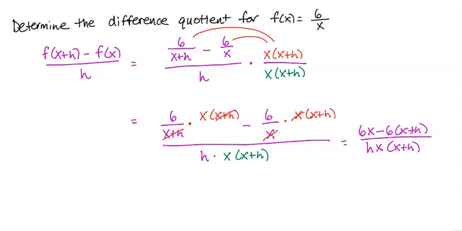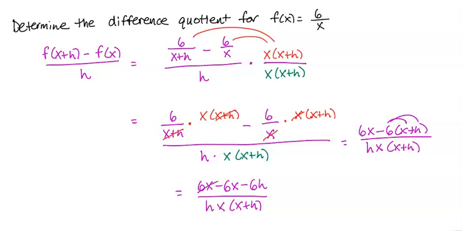So we still have a fraction, but it's no longer a complex fraction, meaning there's no fractions inside of the fraction. We can simplify a little bit further if we go ahead and distribute here. In the numerator we have 6x minus 6x minus 6h all over h times x times x plus h.